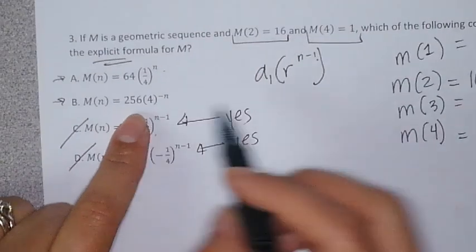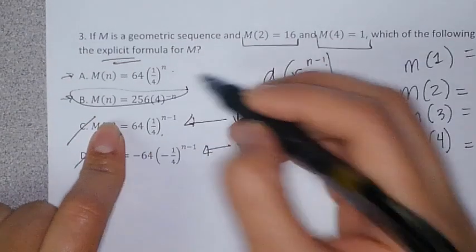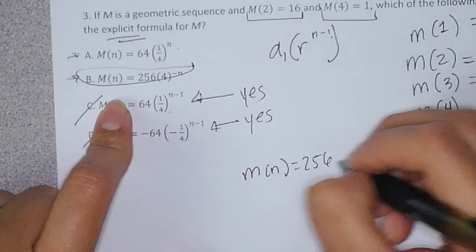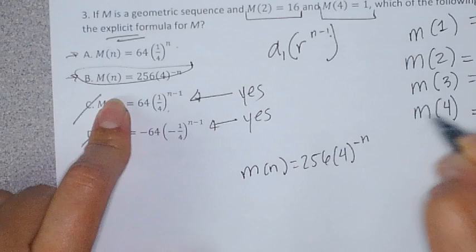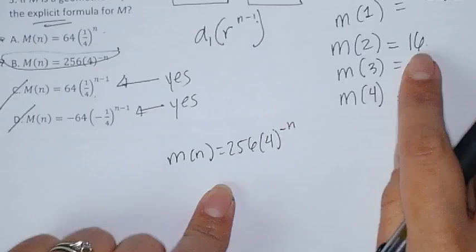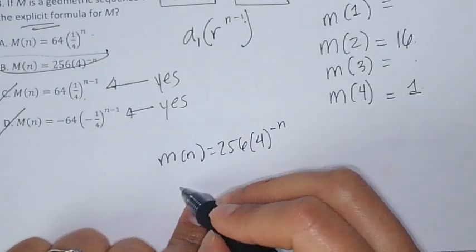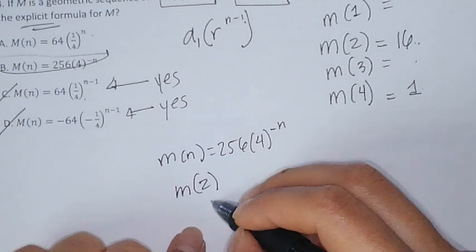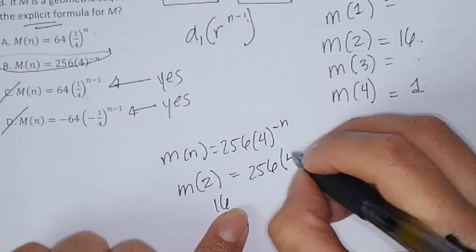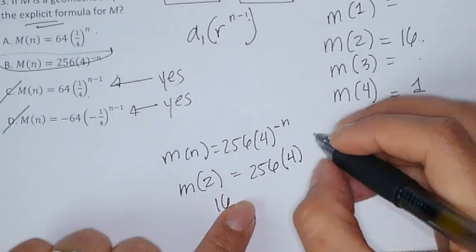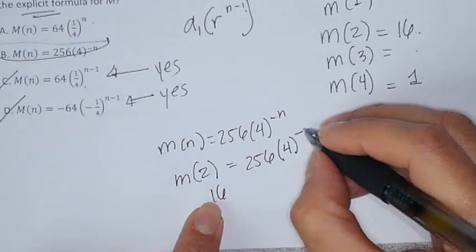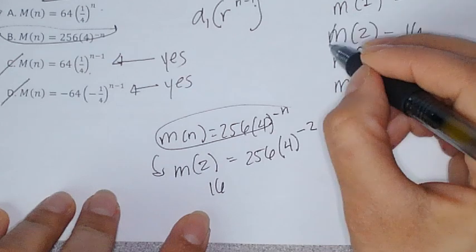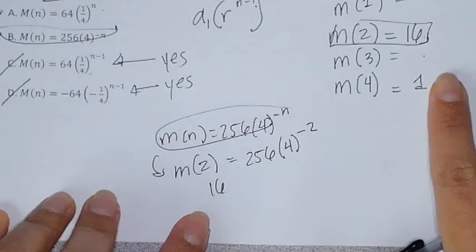So 64, let's try for, I'm going to write it over here. Let's substitute in a number here and see if it works. So if we were doing a of 2, times 4 to the negative 2. Okay, so I'm using this formula and substituting right here to see if it would work out.